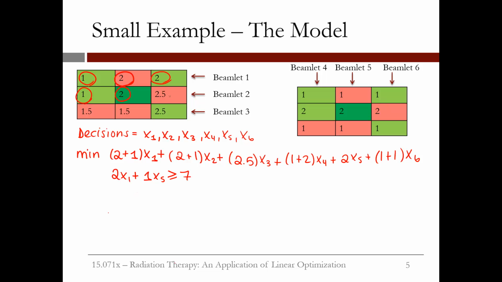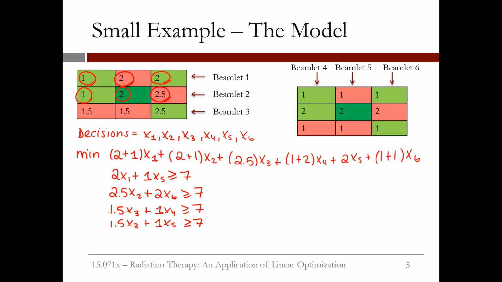Similarly, for the second tumor voxel, we want 2.5 times the intensity of beamlet 2 plus 2 times the intensity of beamlet 6 greater than or equal to 7. And now we'll just repeat this for the two tumor voxels in the last row. 1.5 times x3 plus 1 times x4 greater than or equal to 7, and 1.5 x3 plus 1 x5 greater than or equal to 7.